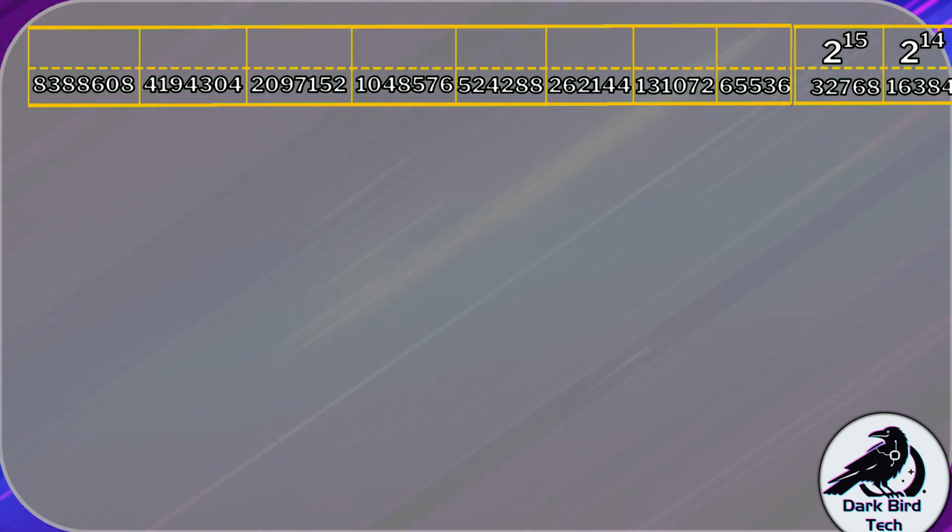And then the exponents are 2 to the 16, the 17, 18, 19, 20, 21, 22, and 23.